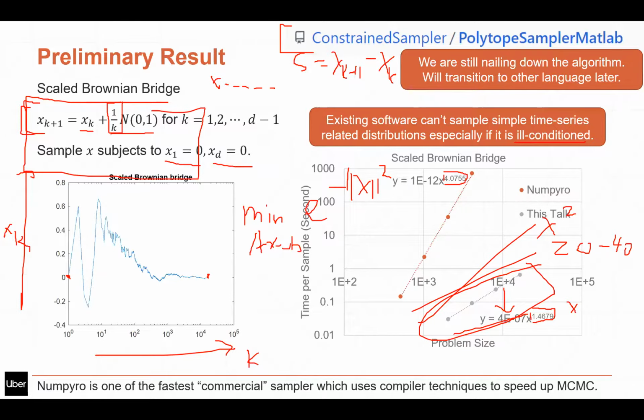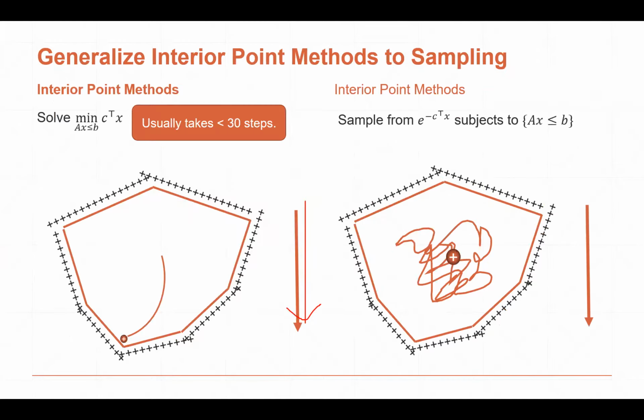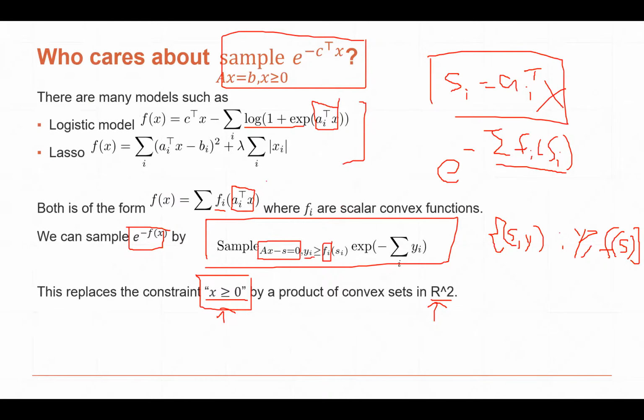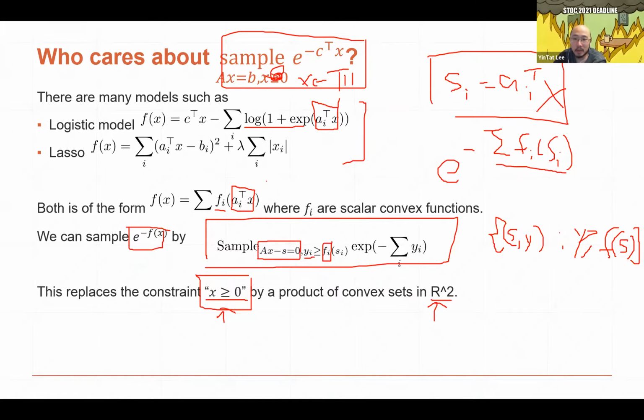But if your function is log concave and not log linear, maybe let's just say piecewise log linear and log concave, can you still do something by using... Usually you can, by introducing a new variable, write it into a form that looks more like this. Usually you can write it into a form where x is given by a product of small dimension convex sets. Sorry, can you repeat that?